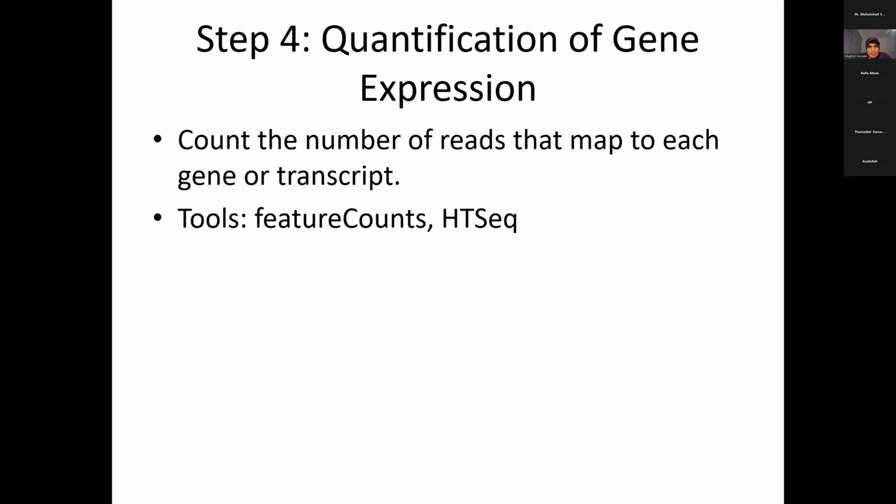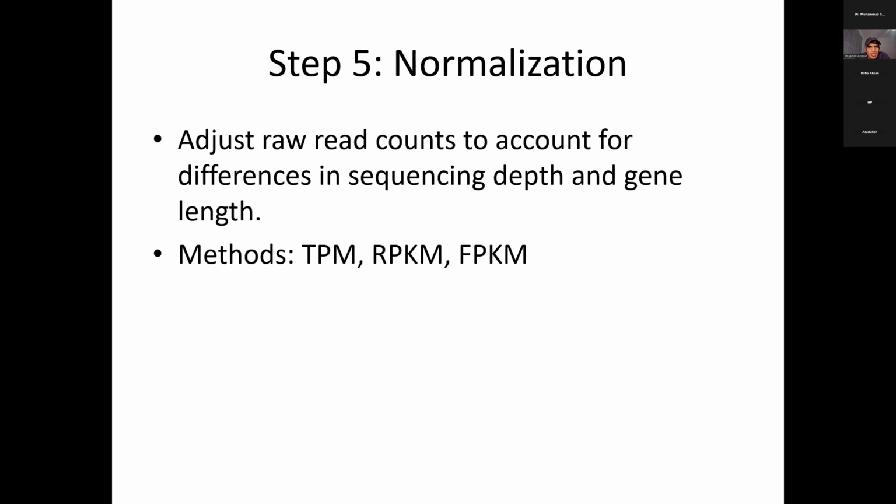The next step is quantification: how many reads have aligned to a specific gene. For quantification, we use the package featureCounts or HTSeq. After we get the count numbers, we adjust the reads depending on our genome size.